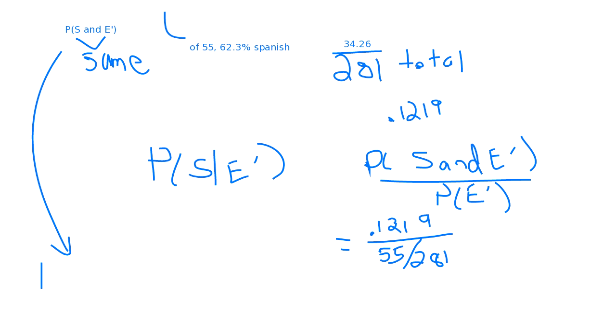This is on the calculator, 0.623. Okay, so that's going over Learning Check 2.3.